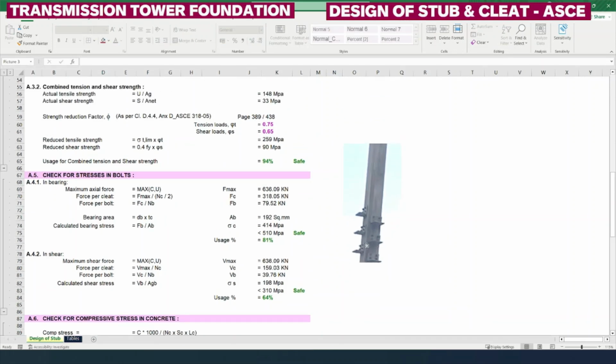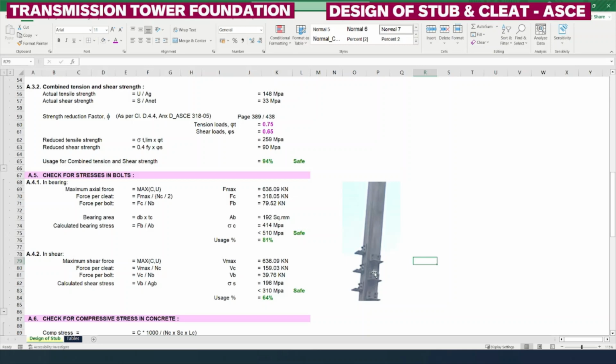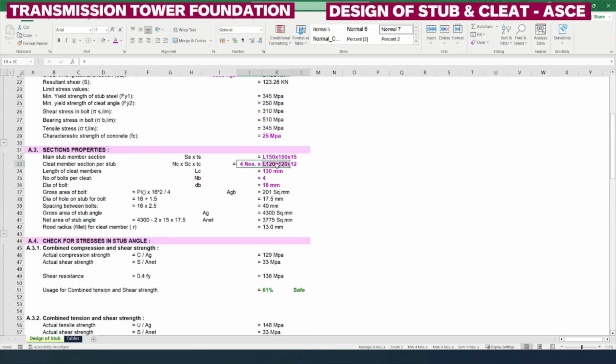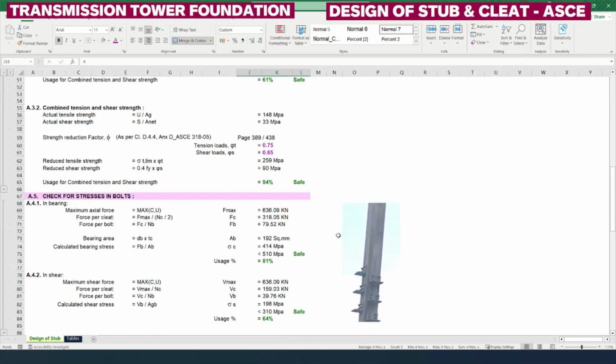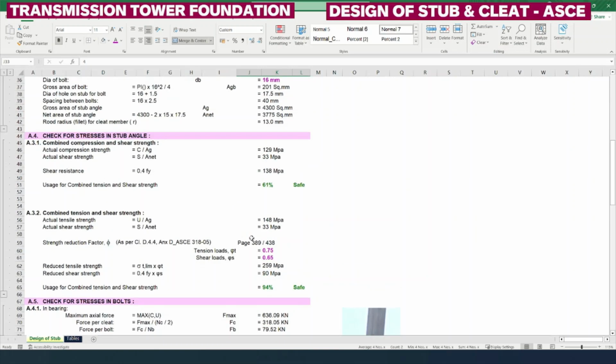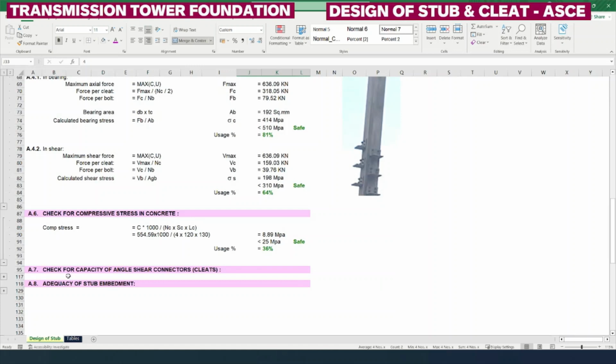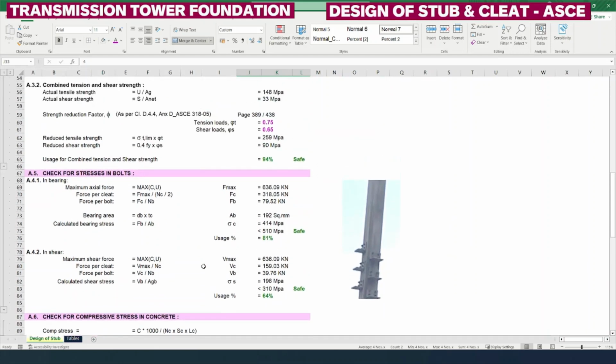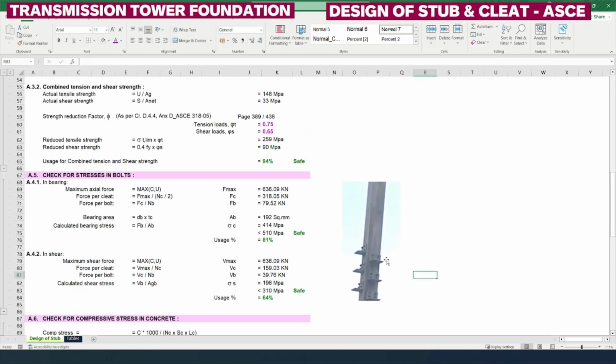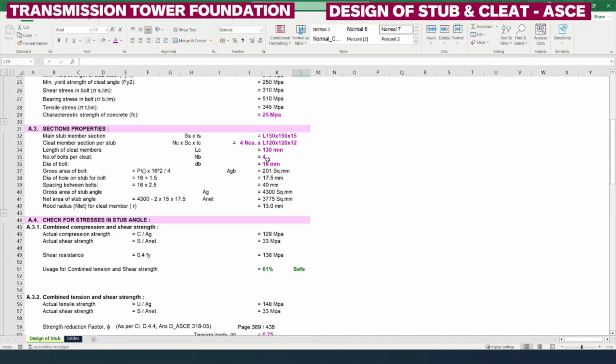Here in the picture you can see there are 6 numbers of cleat, but in our calculation we can consider only 4 numbers of cleat. In the upcoming steps, like the check for capacity of angle shear connectors, we will get more clarity about how many cleats are required. But here we can see four bolts are connected, so we have considered 4 numbers of bolts, which is safe.